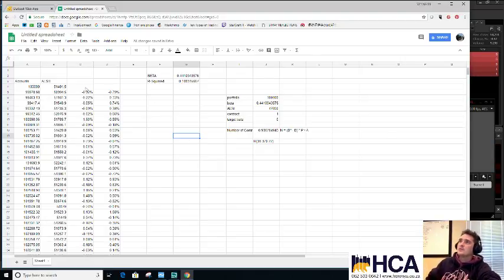On the spreadsheet here, I'll send it out on the chat group probably over the weekend. I'll have to polish it up a little bit, but this is an old sheet that I did a couple of years ago. In the first column I'm tracking my profit and loss, the account balance at the end of every day. It starts off at 100 grand and goes down to 96, 101, 102, and so on.